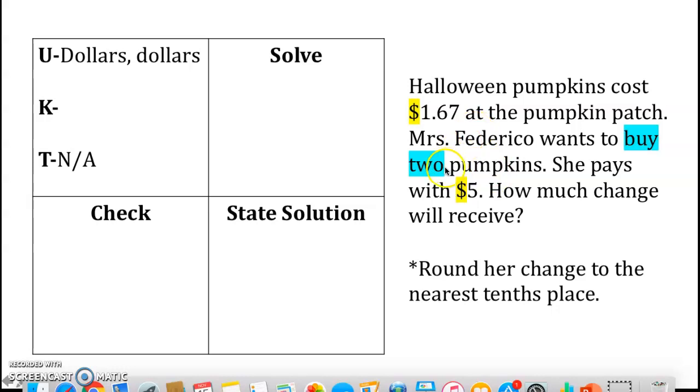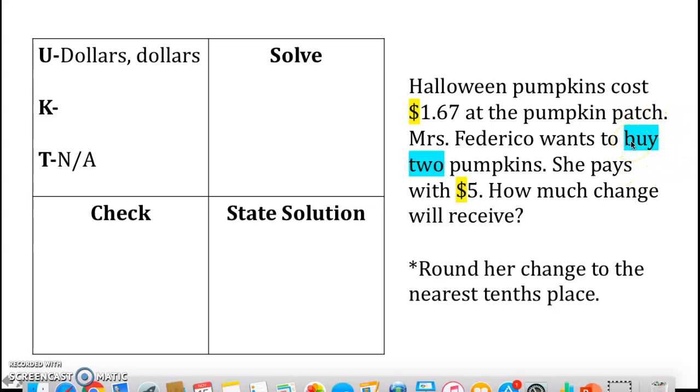So my next step is I'm going to be looking through my word problem for keywords. So one word that I see that immediately brings to my mind a particular operation is buy. So anytime that I buy something, I know that I'm subtracting money from my bank account. So I know I'm definitely going to be doing subtraction in this word problem.